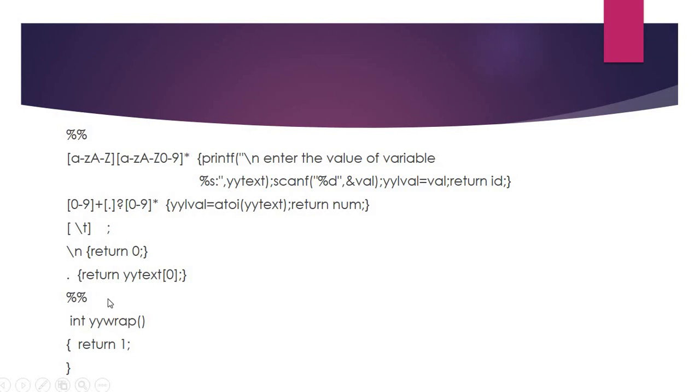That's all regarding the Lex program, and we need to redefine the yywrap function, which is a predefined function. We need to overwrite it here. In the yywrap function we simply don't do anything, that's why return 1 is written here. So that's all regarding the recognition of arithmetic expressions.